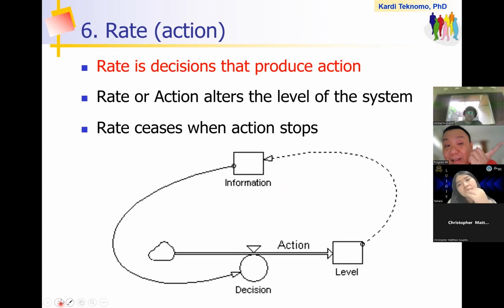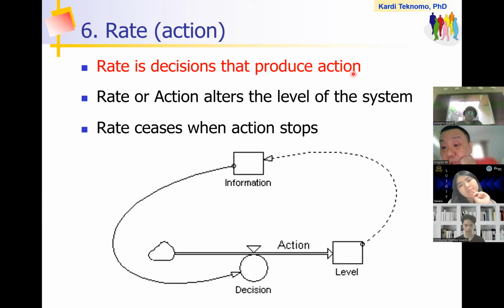Now, the next part is action, or the rate. What is rate? Rate is a decision that produces action. Remember, rate will alter the level. What is the characteristic of rate? The rate will cease, will be no more, when the action stops.